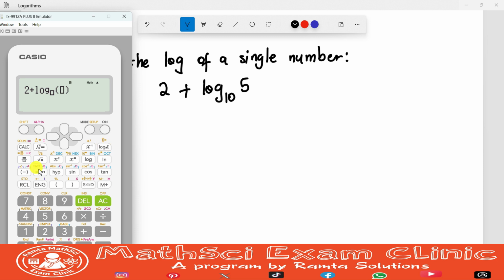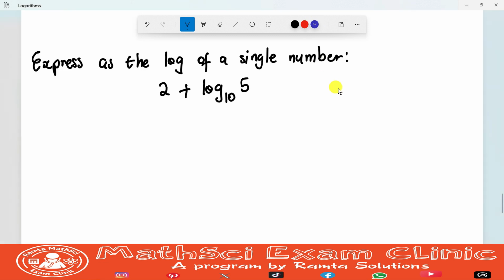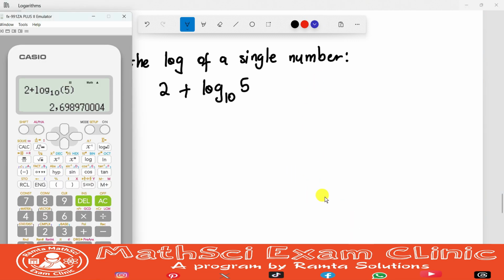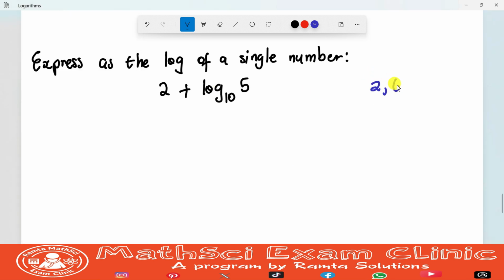So it will be 2 plus log 5 base 10. Let's see what it gives us. Our calculator gives us 2.699. All right, 2.699.